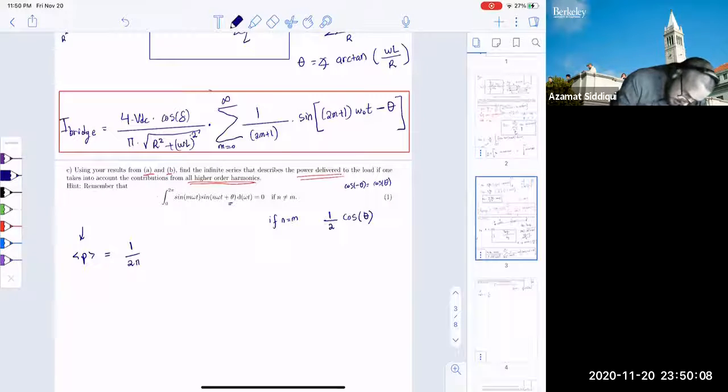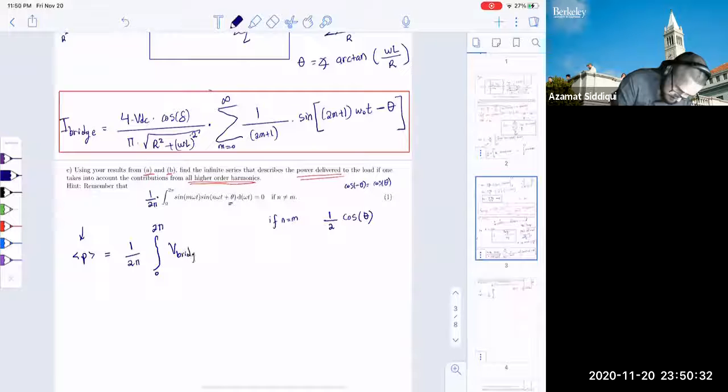Sorry, this should be 1 over 2 pi right here, the expression on the right there, times the integral from 0 to 2 pi of V bridge times I bridge.